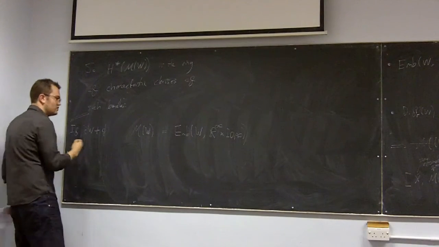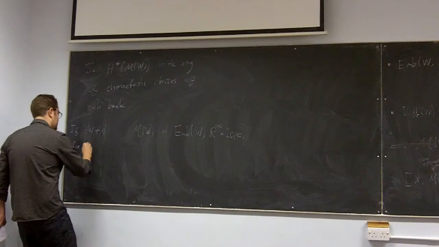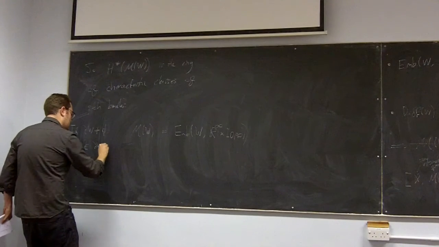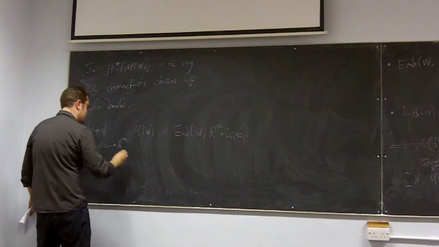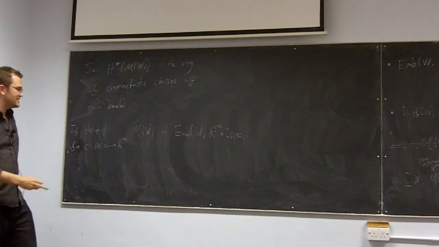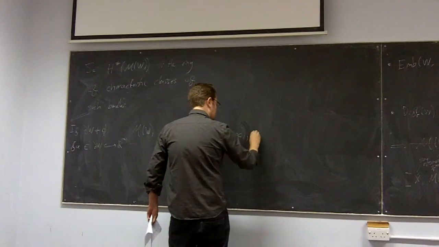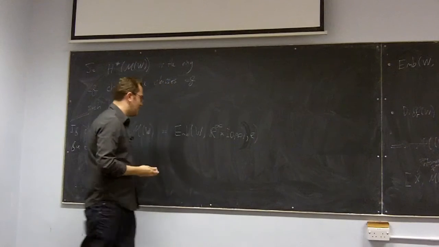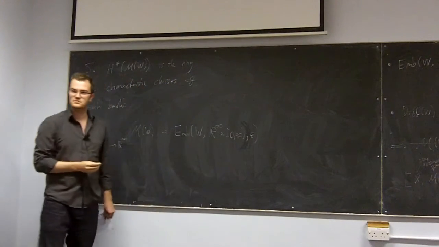And we take embeddings that on the boundary of the manifold W have some fixed behavior. And so we fix an embedding of the boundary once and for all, and then we take embeddings of W into this space that on the boundary of W are the fixed embedding of boundary W into R infinity cross 0.